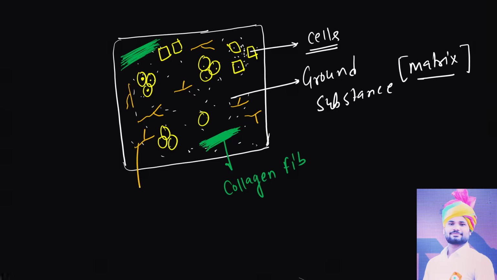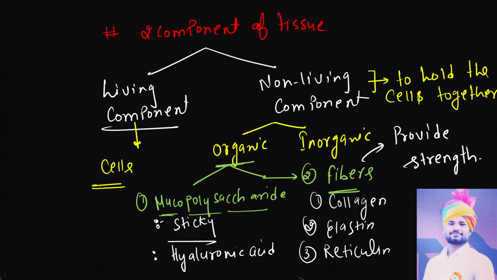So this is elastin fiber. Overall, in this diagram you can see we have the cellular component, that is the cell, and we have the non-cellular component, that is ground substance. So that is the basic concept of tissue.